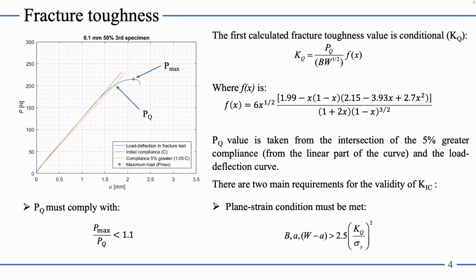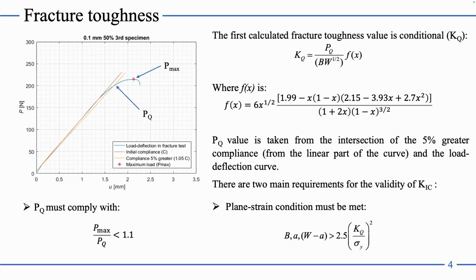And the formula, so we use the conditional value, and concerning the validity of the test, we need to comply with this formula. So the maximum value can exceed the targeted conditional value by no more than 10%, and the plane strain condition must also be met according to the formula.